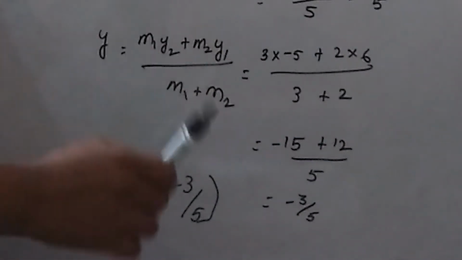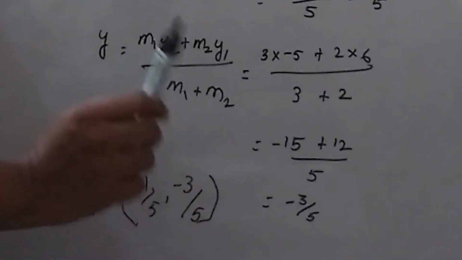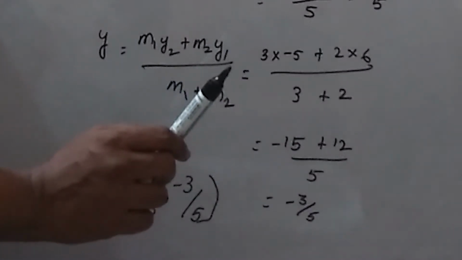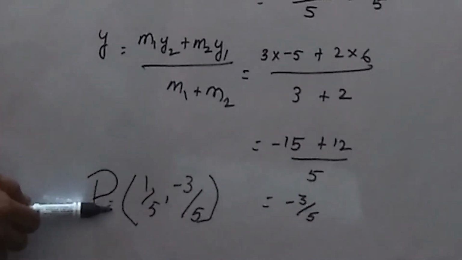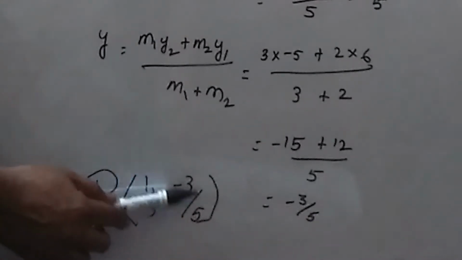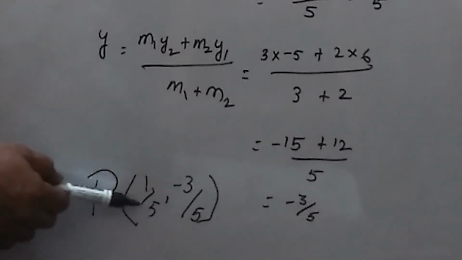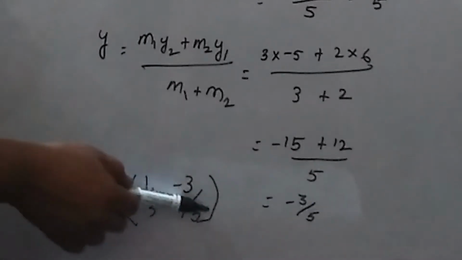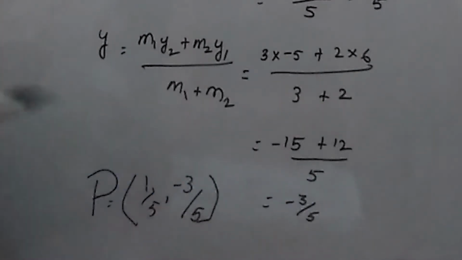Now they ask you to write the coordinates of the point. So P is equal to 1 upon 5 and minus 3 upon 5. Coordinates means X and Y together we have to write. Clear? This is the answer.